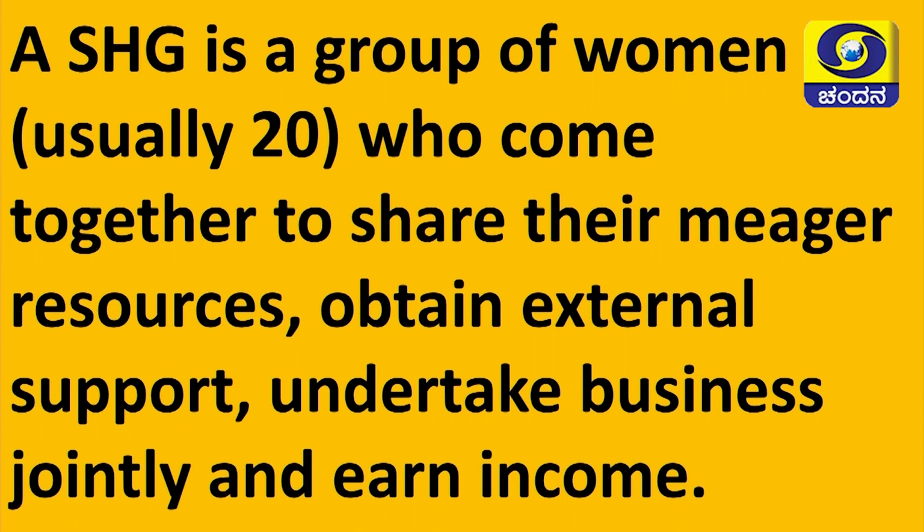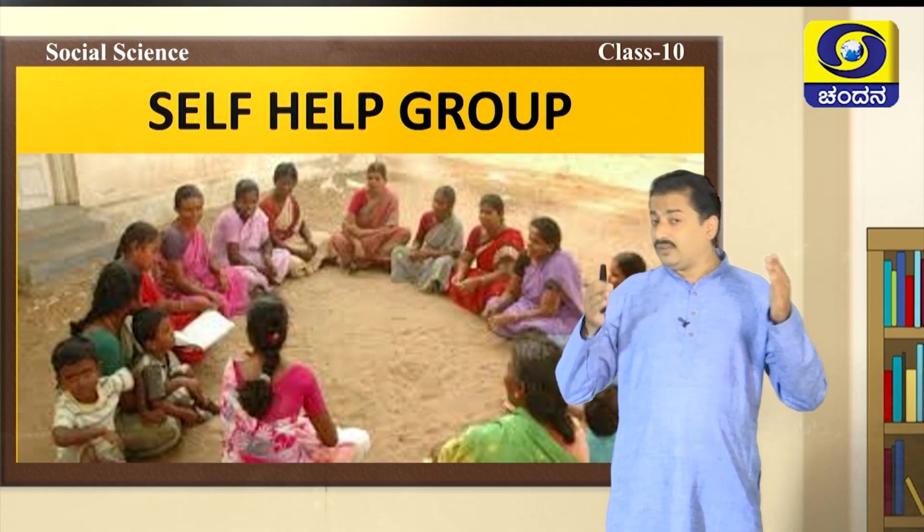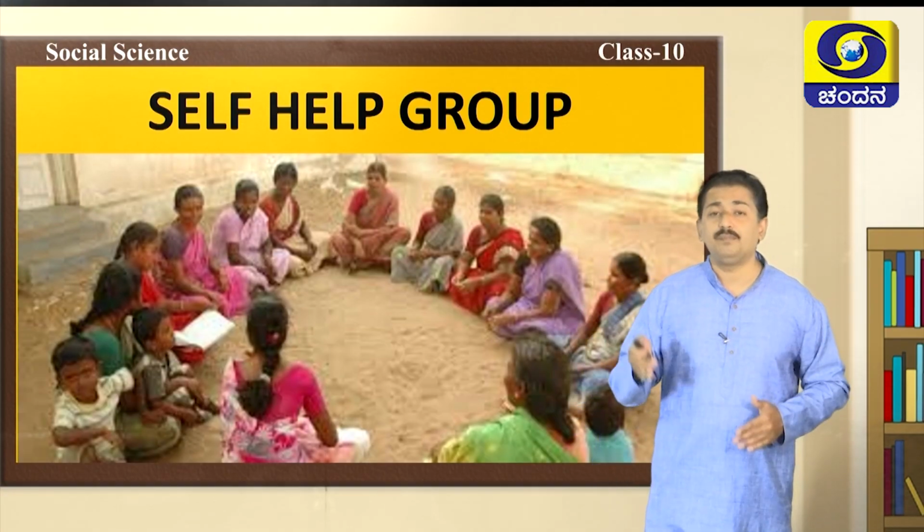A SHG is a group of women who come together, normally 15 to 20, to share their meager resources and obtain external support, undertake business jointly and earn income. So, this is called a self-help group.